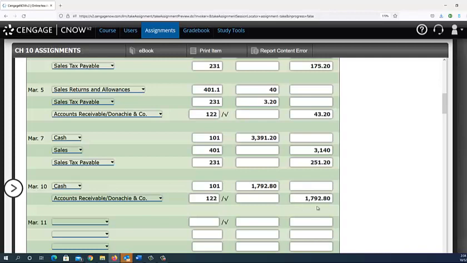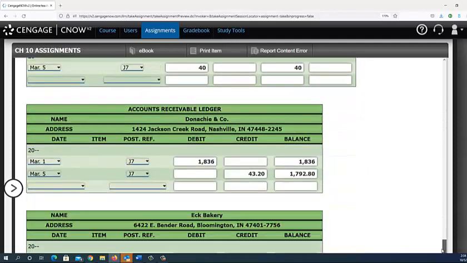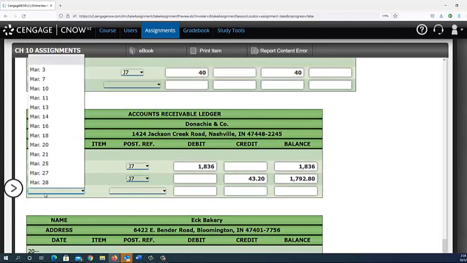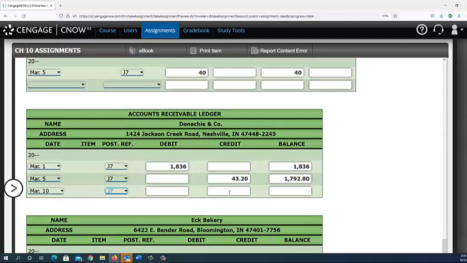All right, we're going to credit his account now for $1,792.80. Okay, so on the 10th, going to credit $1,792.80 to offset the debit of $1,792.80. So now Donacci's balance is 0.